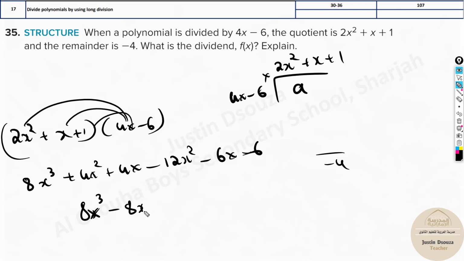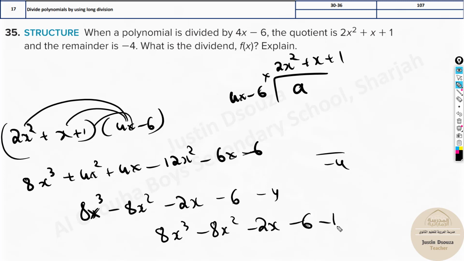Minus 8x squared, and lastly we have minus 2x, and over here it is minus 6. Now add the remainder, minus 4. The answer will be 8x cubed minus 8x squared minus 2x minus 6 minus 4, that is minus 10. This is the final answer.